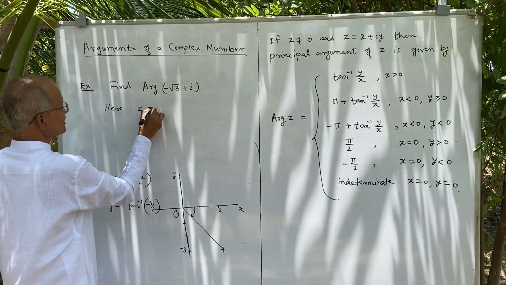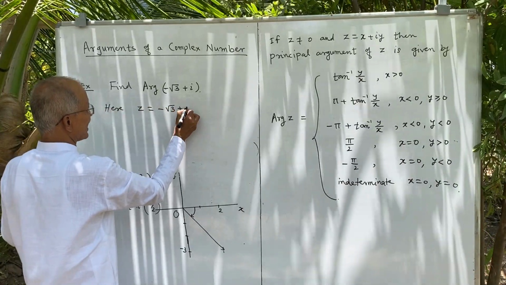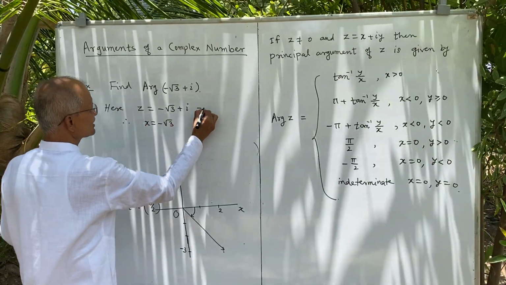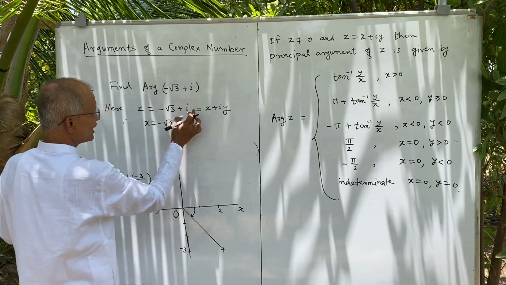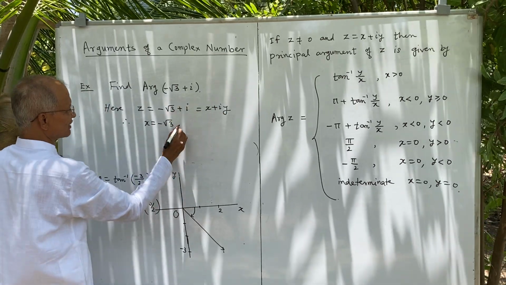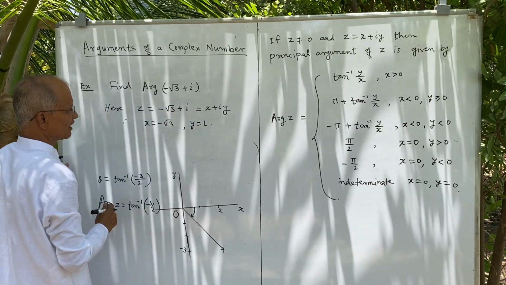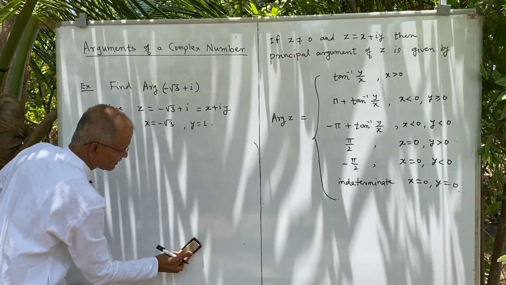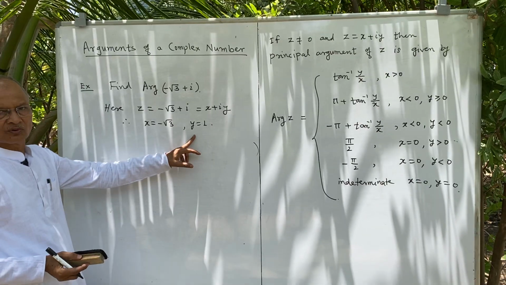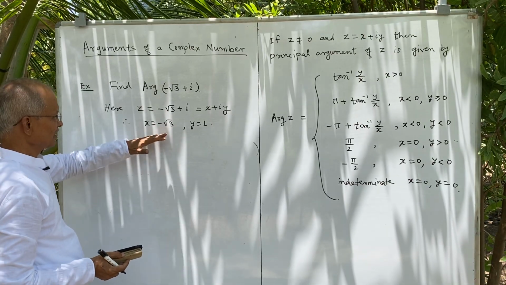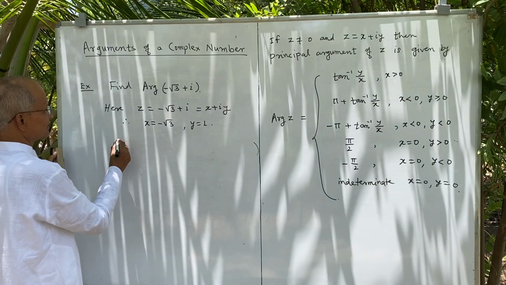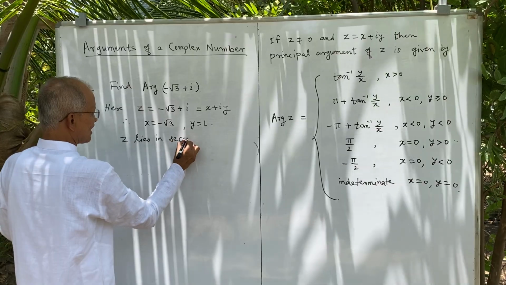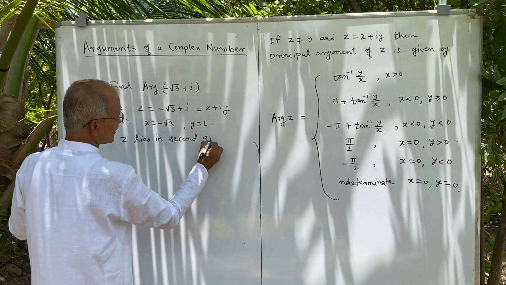Here z is minus root 3 plus i, and therefore x is minus root 3, from x plus iy, and y is 1. In which quadrant does the point z lie? Negative x and positive y means second quadrant. Z lies in the second quadrant.